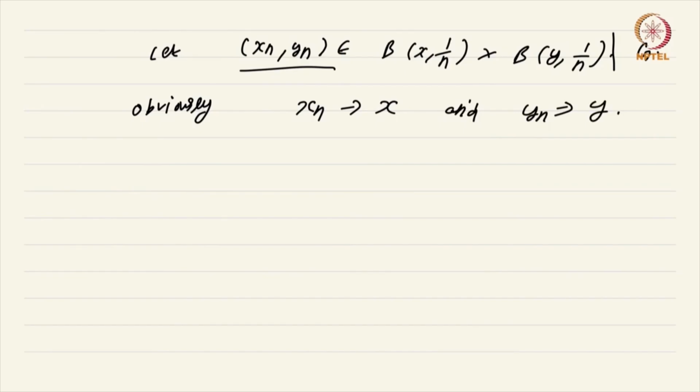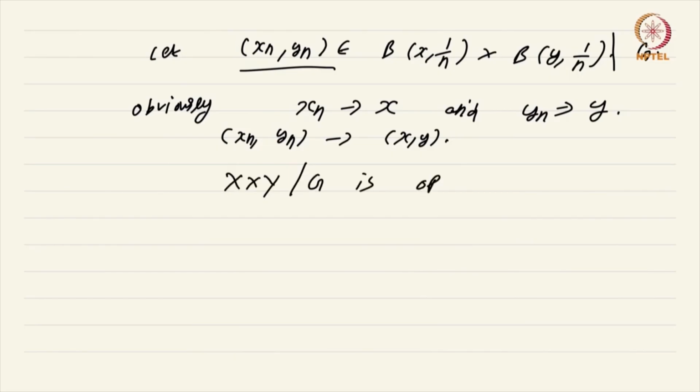Okay, now our hypothesis says xn yn must converge to xy, right? Whenever you have components converging, then the product sequence must also converge. Okay, but X cross Y set minus G is closed because G is assumed to be open.